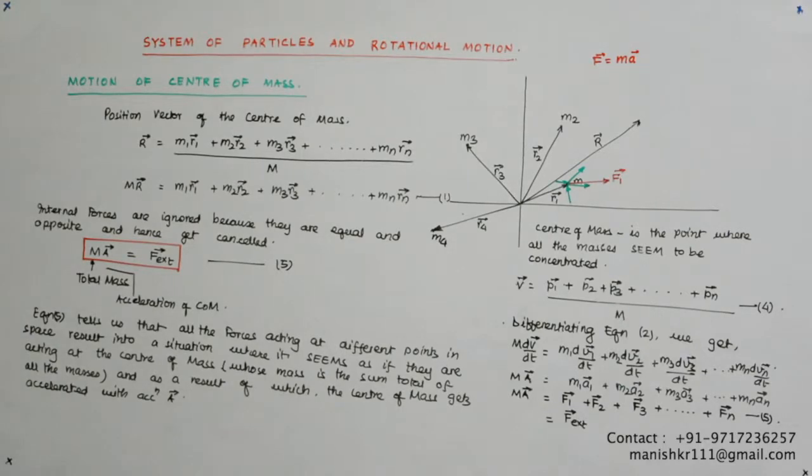So the center of mass of a system of particles moves as if all the mass of the system was concentrated at the center of mass and all the external forces were applied at that point. Is it not? This is what this tells.